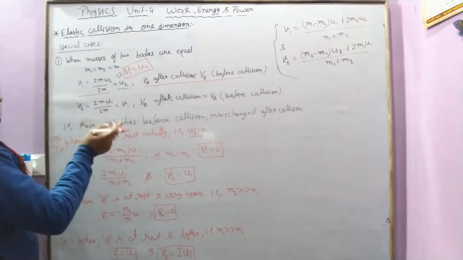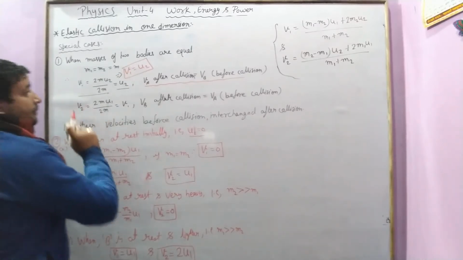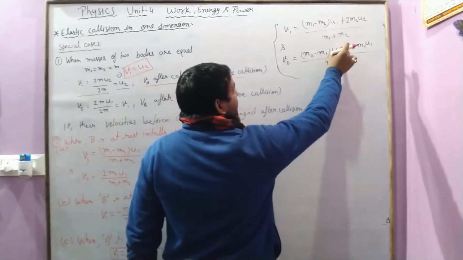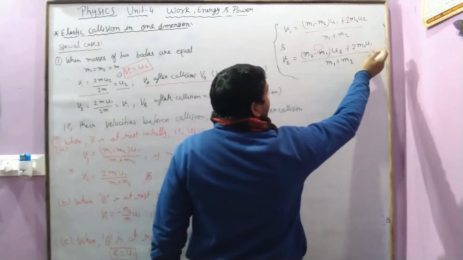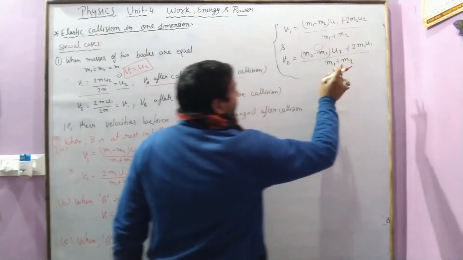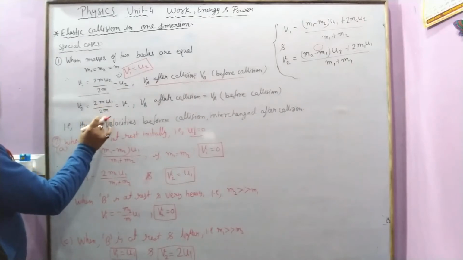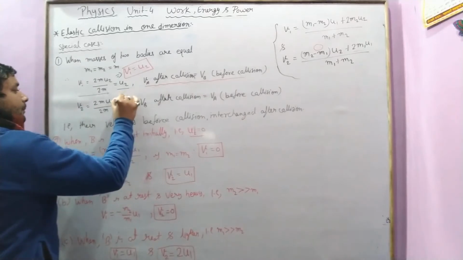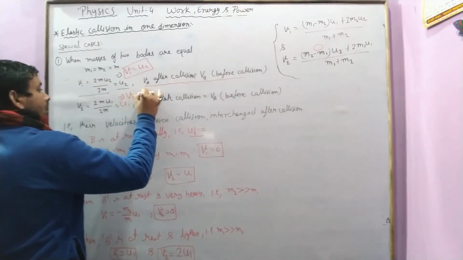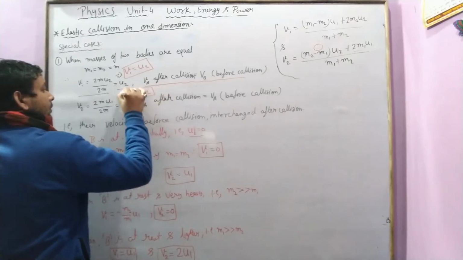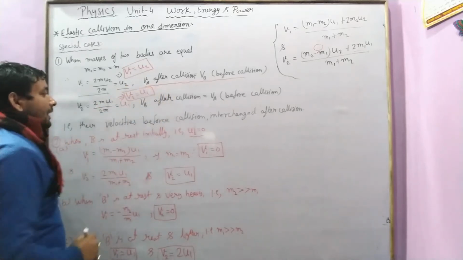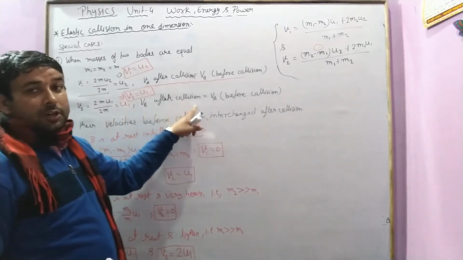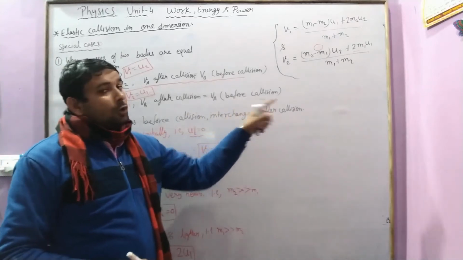In the second case, velocity of B, here we put m minus m is 0, so this will become 0. And we get 2m u1 upon 2m, so here 2m is cancelled by this, and we get v2 is equal to u1, that is, velocity of B after collision is equal to velocity of A before collision.